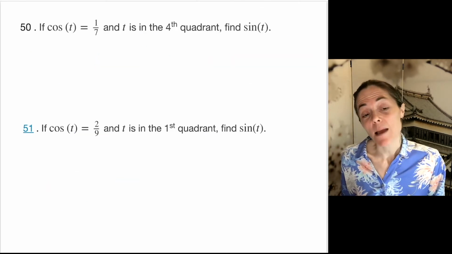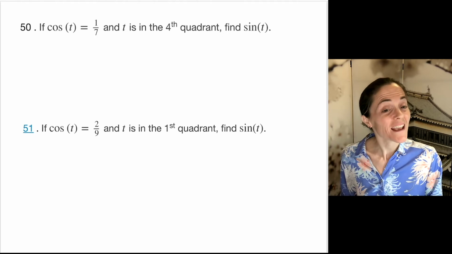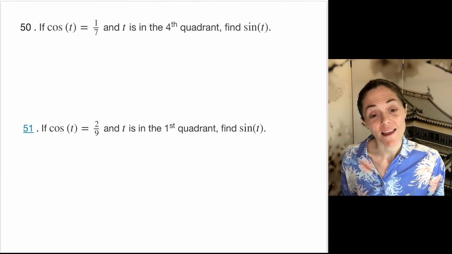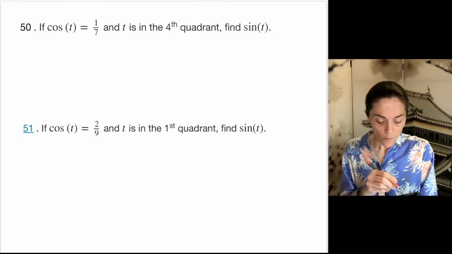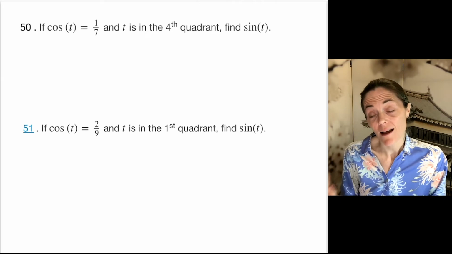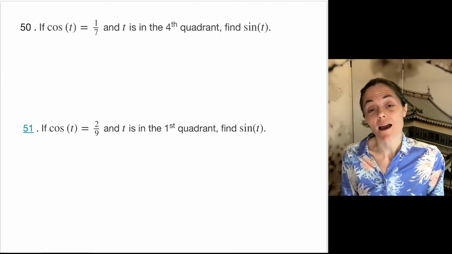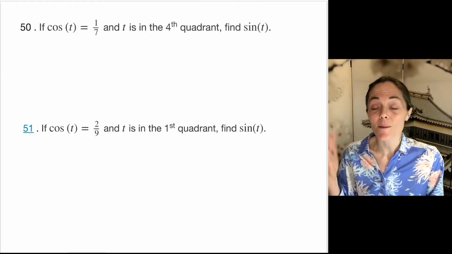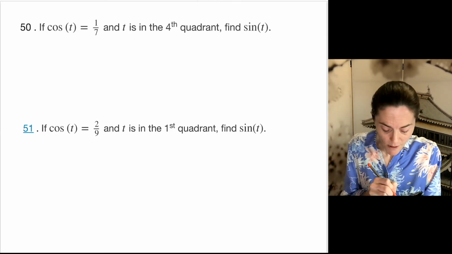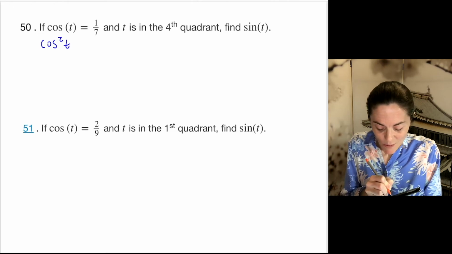Now we have a different type of question here. We are told cosine of t is 1 over 7 and t is in quadrant 4, find the sine. Well, this goes back to how in the lesson I found the values of sine and cosine for, say, pi over 4, pi over 3, pi over 6, and we use the fact that cosine squared plus sine squared is 1.